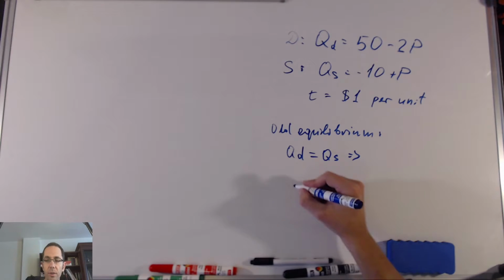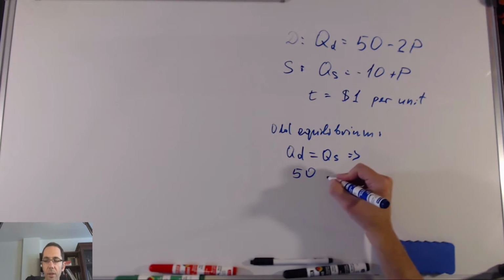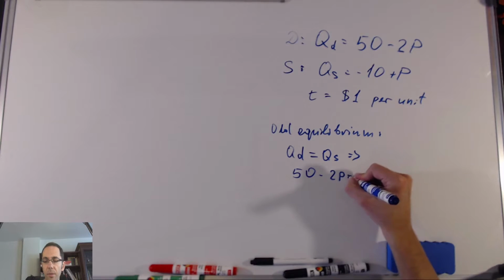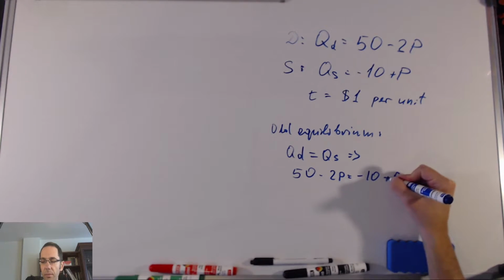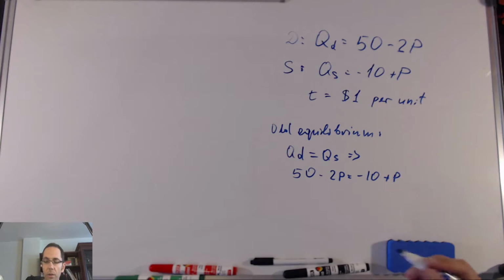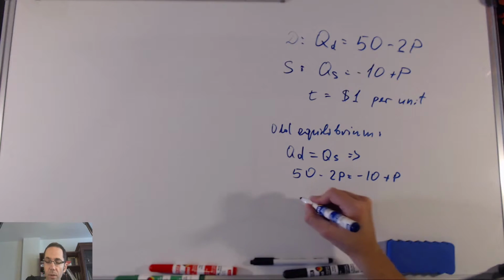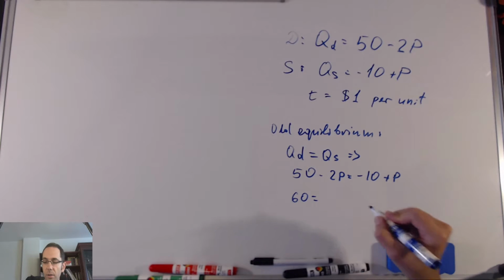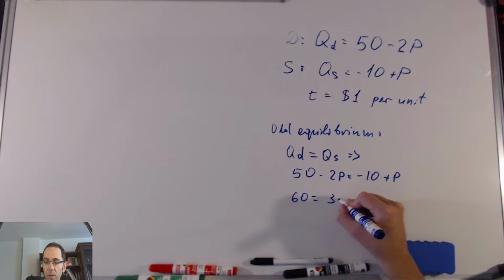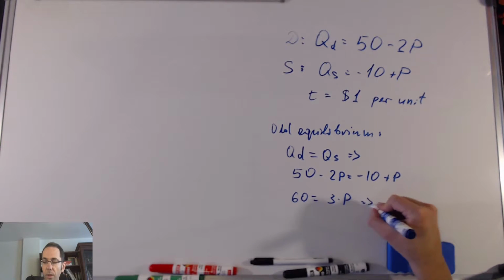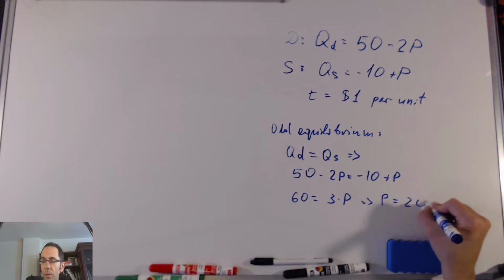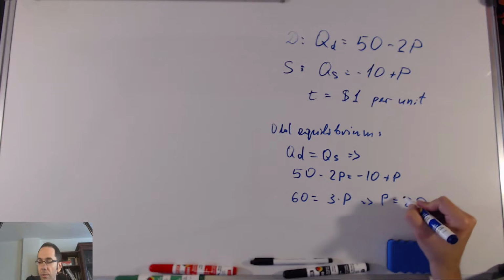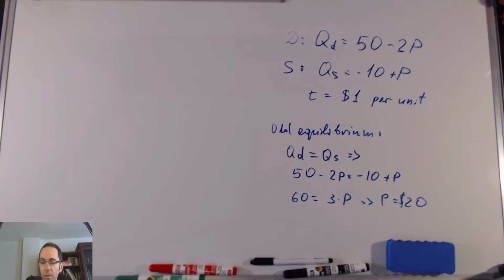And what this means is that 50 minus 2P is equal to minus 10 plus P. So for P, we are going to have that 60 is equal to 3 times P, or that the price is equal to 60 divided by 3, which is 20. And since we're dealing with dollars, it will be $20.